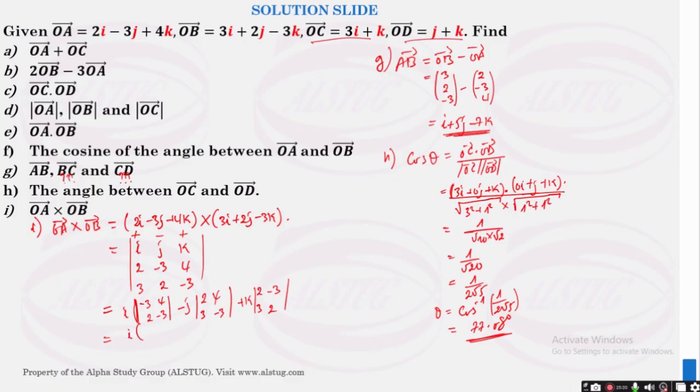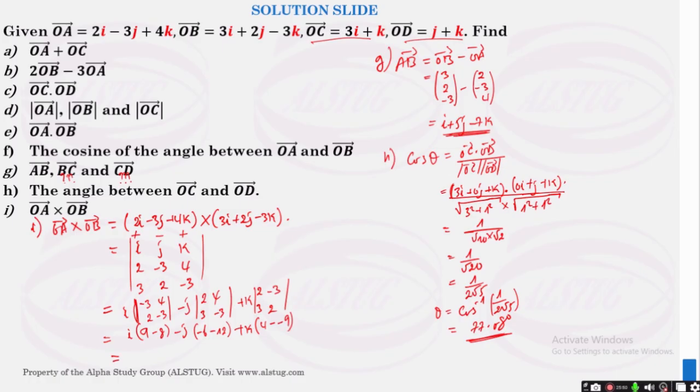Now, the determinant of a 2 by 2 matrix is supposed to be child's play for us at the advanced level, given that we have fun with it a lot at the ordinary level. So negative 3 times negative 3 is 9, 9 minus 8, minus j into negative 6 minus 4 times 3, 12, plus k into 4 minus negative 9.